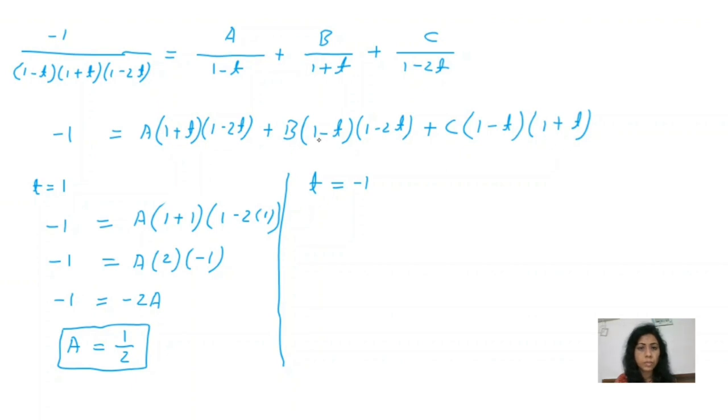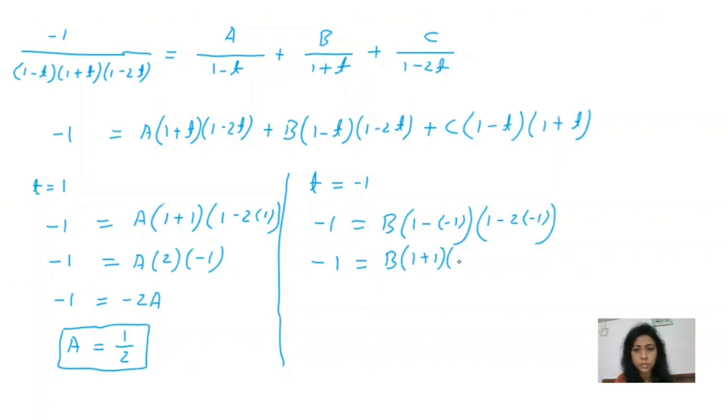So here, putting t equals minus 1: minus 1 is equal to b times (1 minus 1), then (1 plus 1), and this is (1 plus 2).